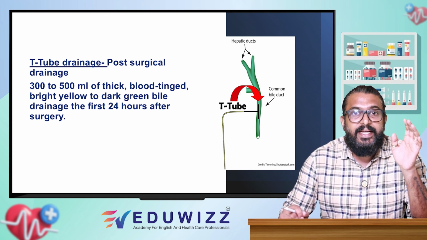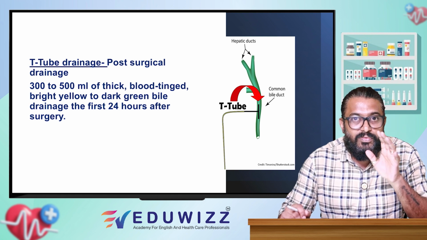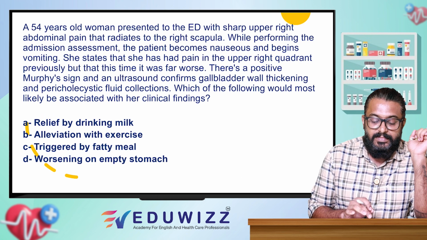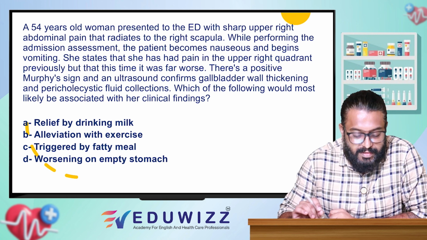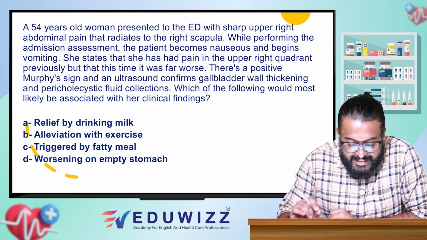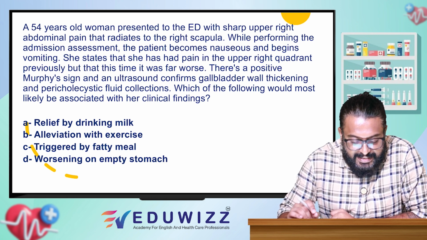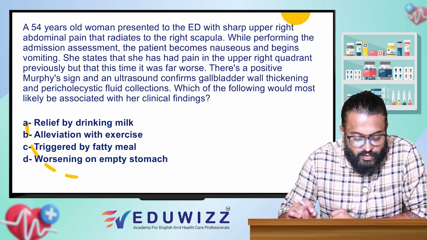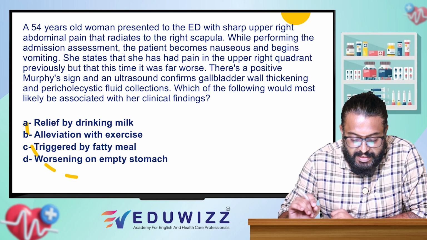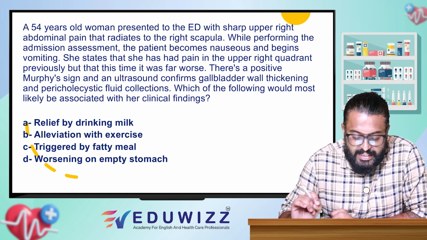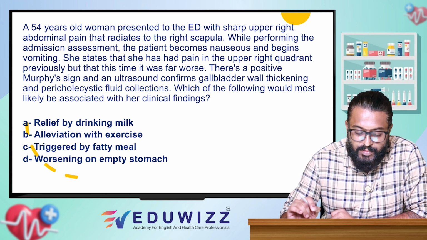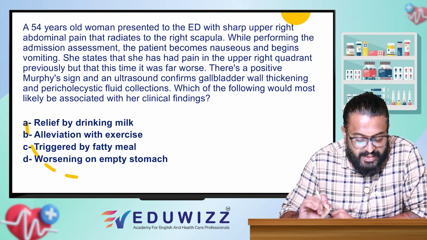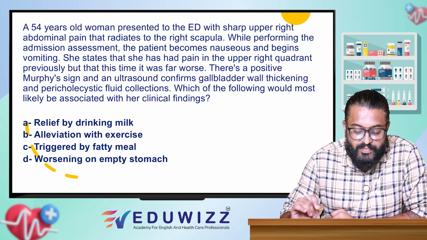Okay, now let's see a question related to cholecystitis. A 55-year-old woman presented to the ED with sharp upper right abdominal pain that radiates to the right scapula. While performing the abdominal assessment, the patient becomes nauseous and begins vomiting. She states that she has had pain in the upper right quadrant previously, but this time it was far worse.